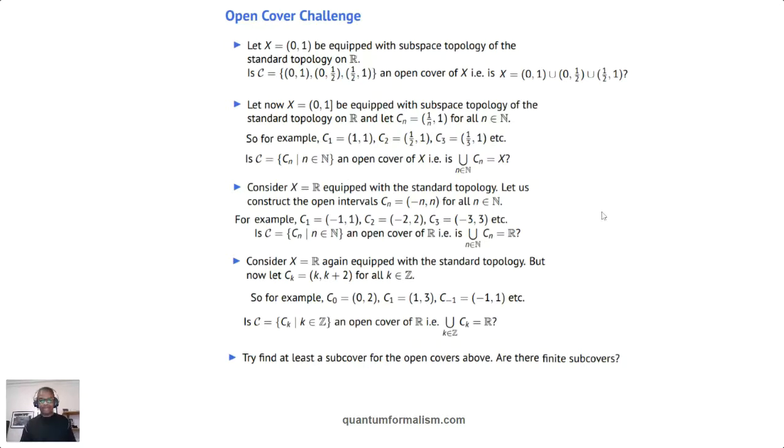There might be all of them, there might be open covers. Well, you'll figure it out. And those that are, I want to challenge you to try to find a subcover for them. And also, are there any finite subcovers? Obviously, if you figure out this one is an open cover, then this has a finite subcover somewhere, right? So this is already very easy.